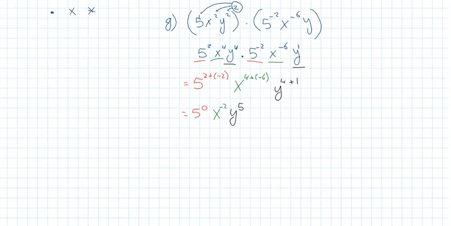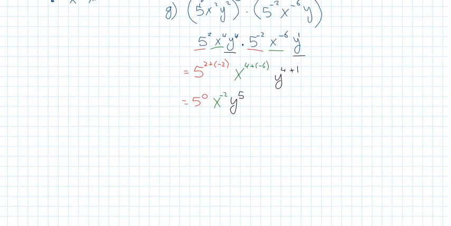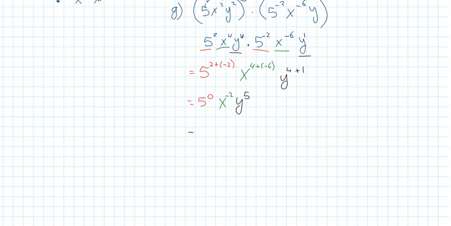Now, this is where I don't want to leave any negative exponent. 5 to the power of 0 is 1, so I can just write 1 for this. x squared is going to have to come to the denominator because it's a negative exponent, and y to the 5 stays on the top. So technically, your final answer is y to the power of 5 over x to the power of 2.